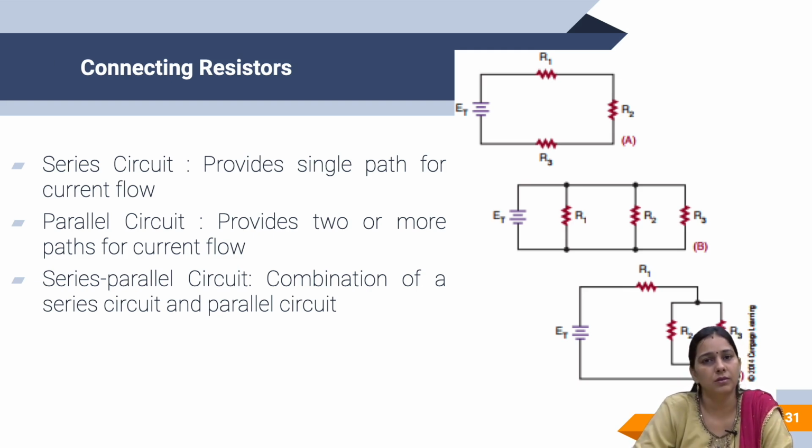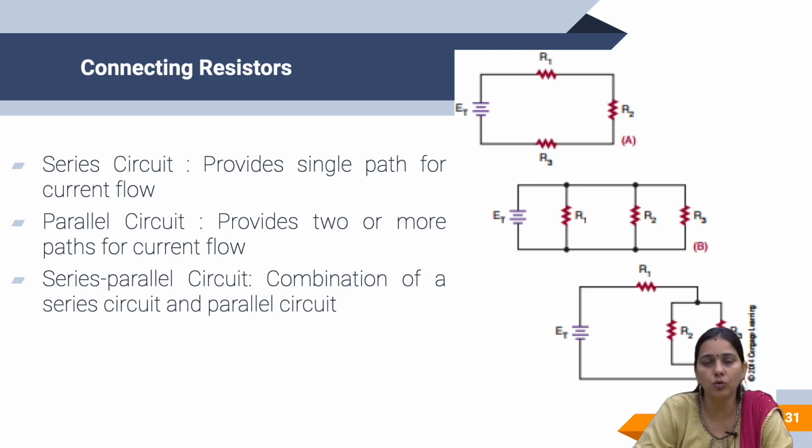Now let us understand what a series circuit is. A series circuit, as denoted in figure A, provides a single path to the current when we apply a voltage in the closed circuit, whereas a parallel circuit will provide multiple paths for the current.